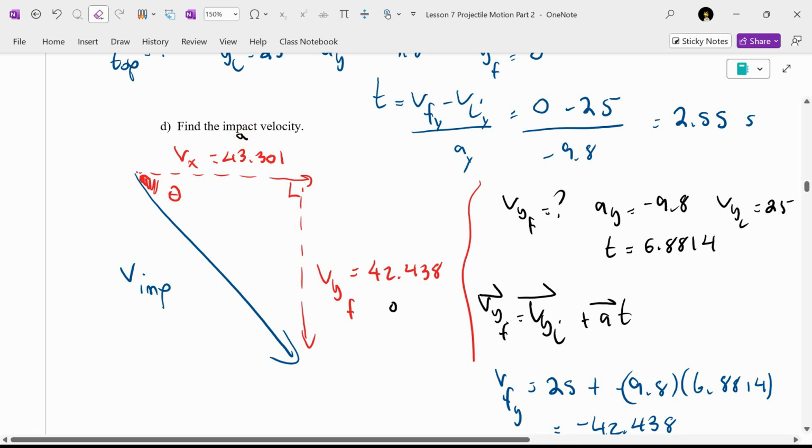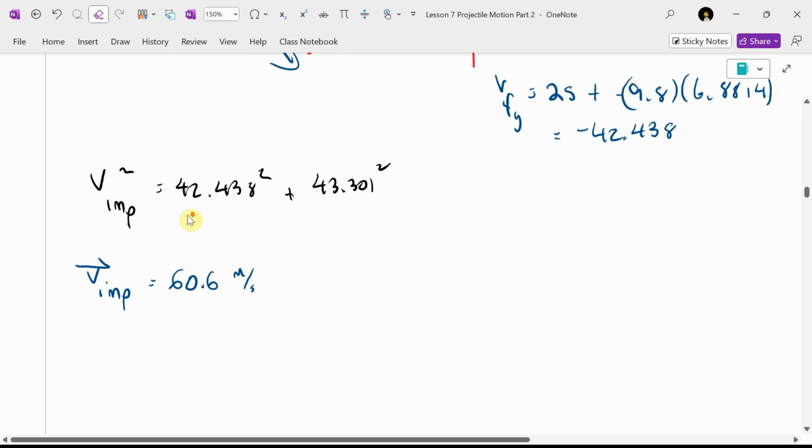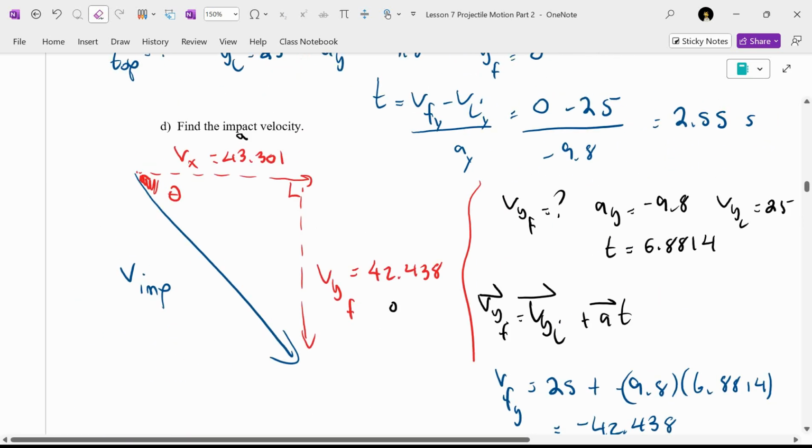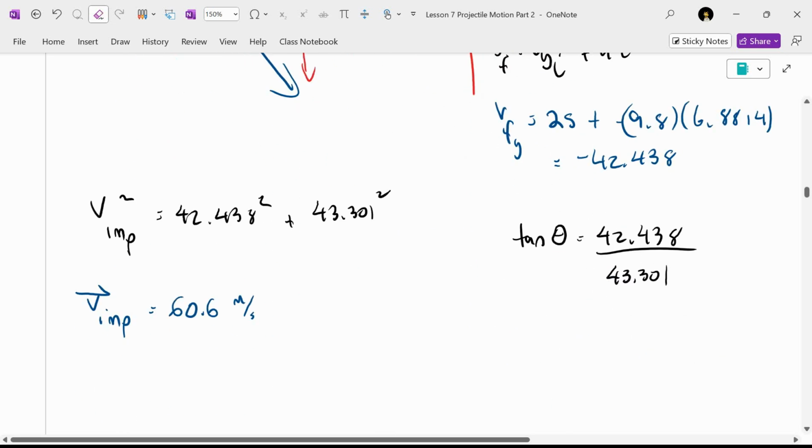Which trig function has the O and the A in it? So it's going to be tan theta equals 42.438. Still don't need the negative; I include that in my vector diagram. Divided by 43.301. Is that right? Opposite over adjacent?